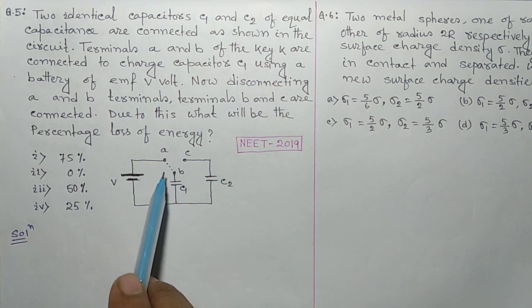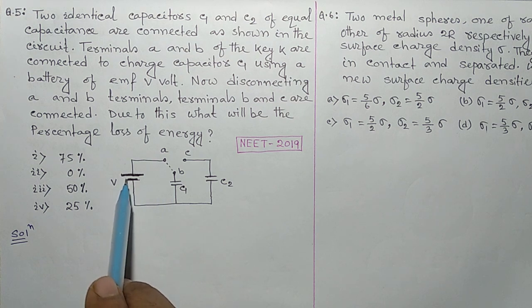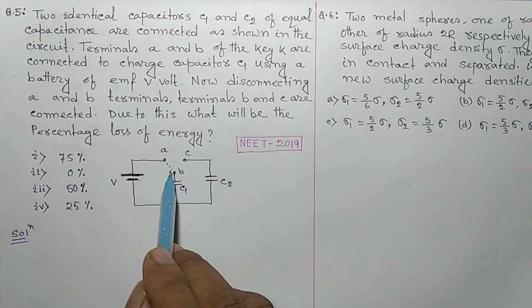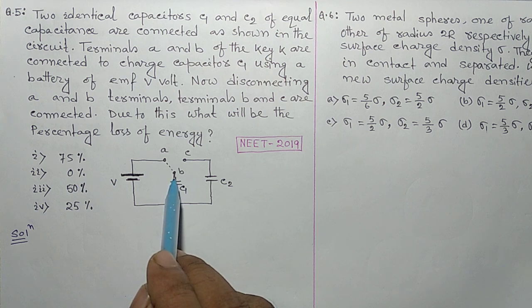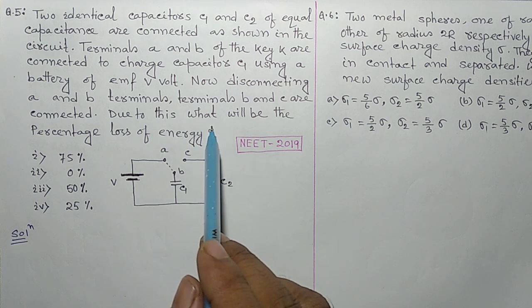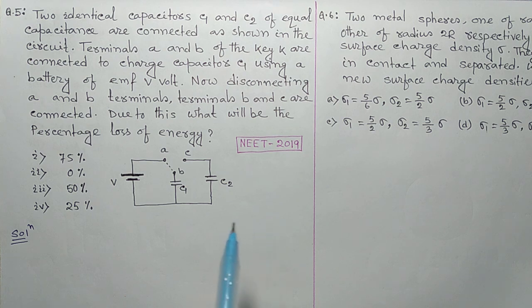So here the AB terminal is connected to charge the capacitor C1 with the help of a battery of potential V volt. Now disconnecting the AB terminals, the terminals BC are connected. Due to this, what will be the percentage loss of energy?